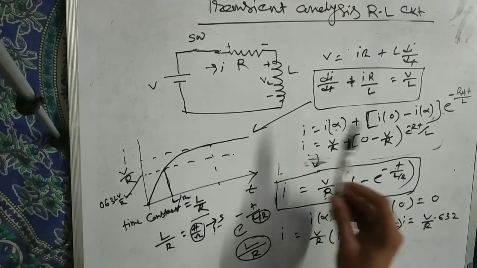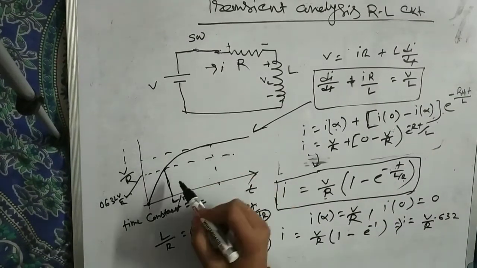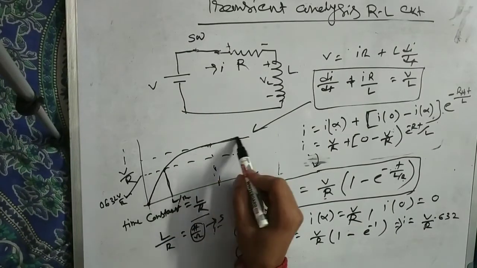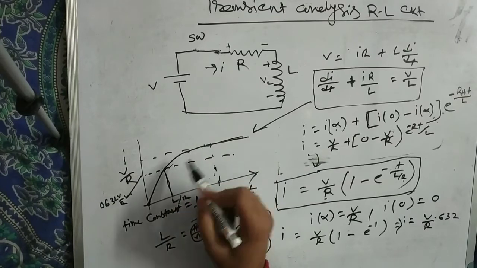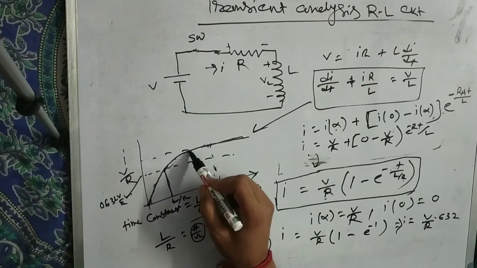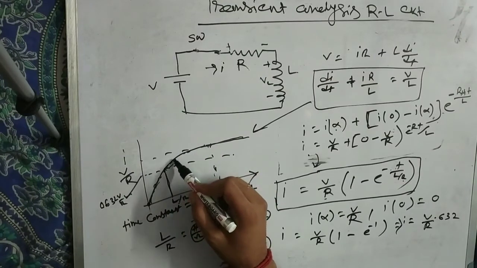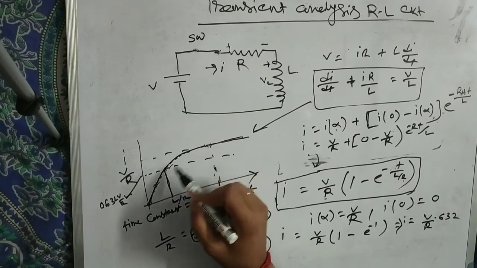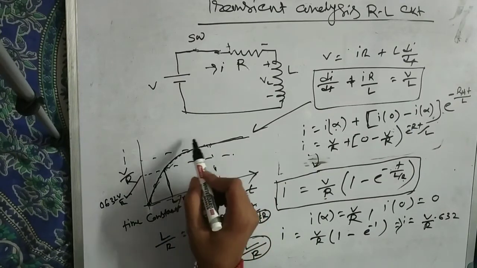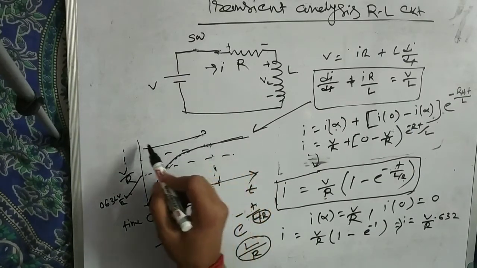So this is the transient analysis. Transient means the current will reach steady state at some time, reaching V by R current. Before reaching V by R current, there is some exponential nature in the graph. Before reaching steady state, this time is called transient time.